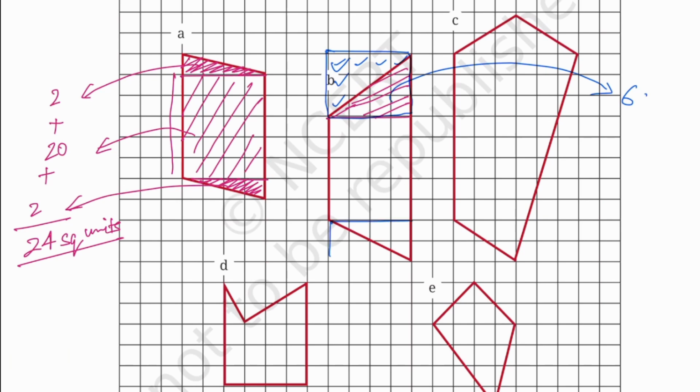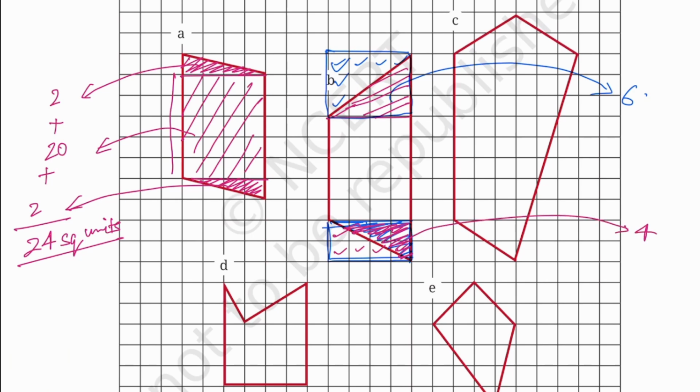Similarly, this triangle is half of this blue rectangle. So the area will be half of 1, 2, 3, 4, 5, 6, 7, 8. 8. That is 4 square units.